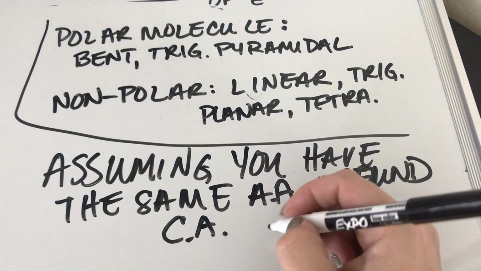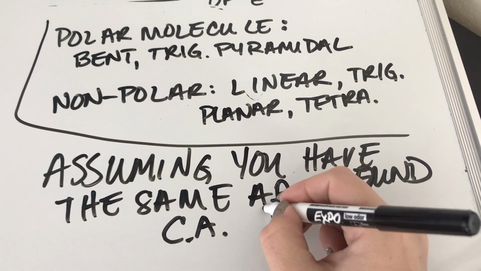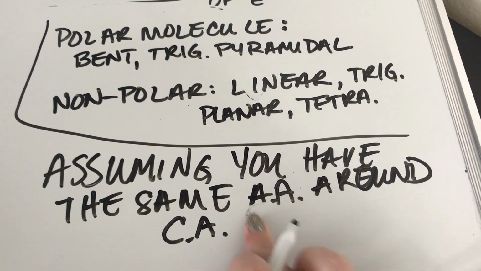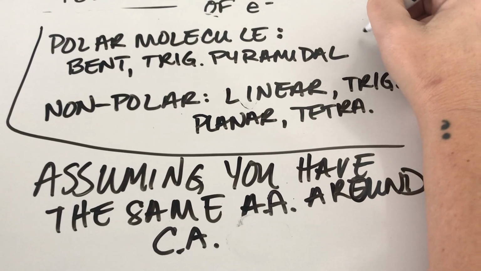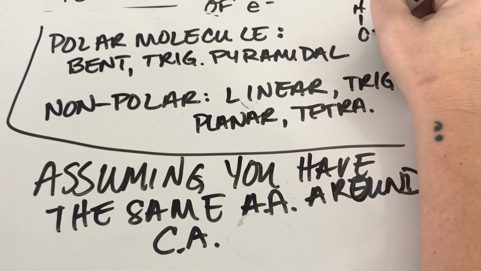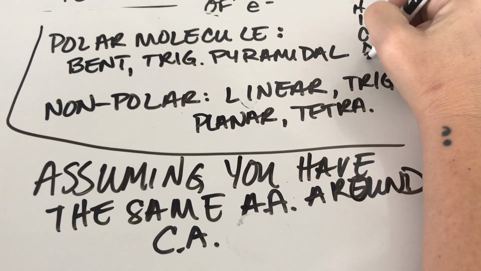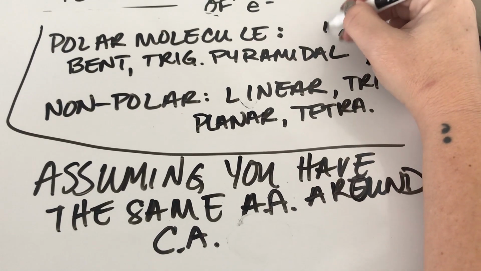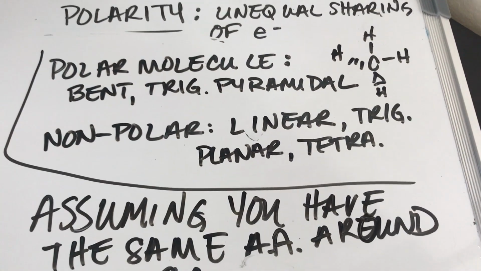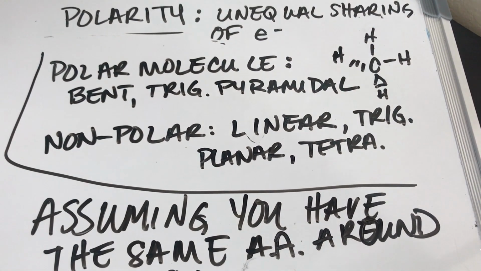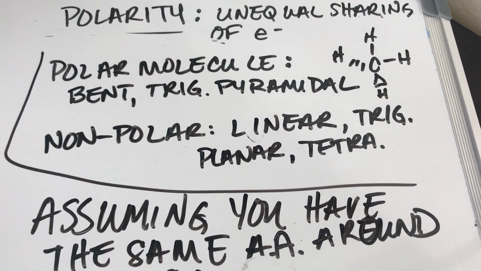So for example, we had this guy, and we said that guy is nonpolar. That's nonpolar because all of the attached atoms are the same, and all of them have nonpolar bonds.